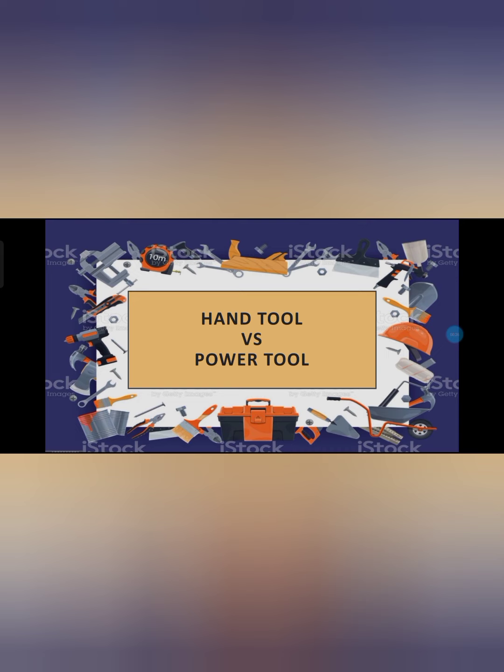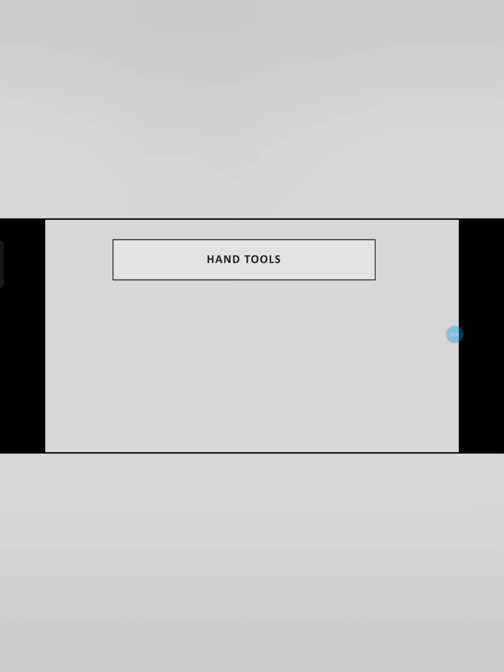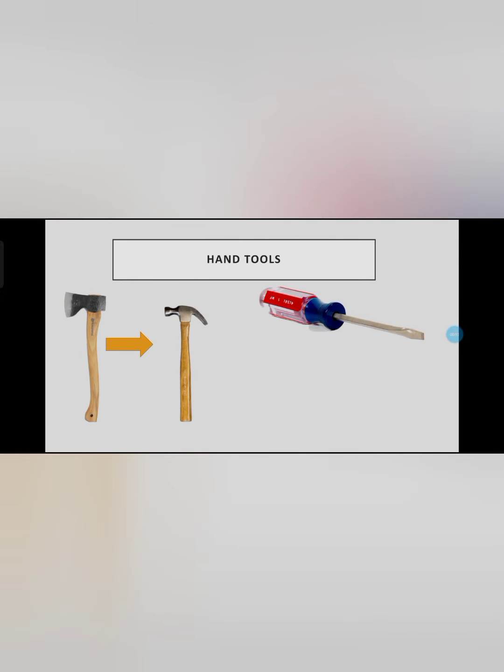Of course, hand tools have no power source other than your own physical strength or force applied. They include anything from axes to hammers and from screwdrivers to wrenches.